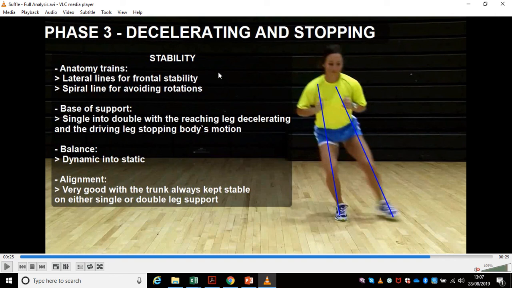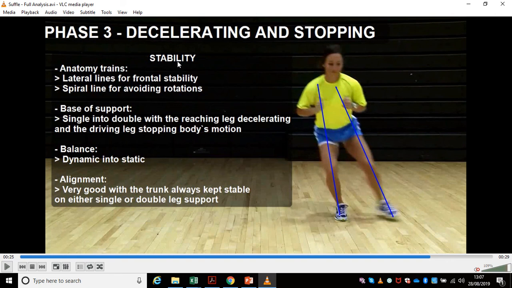So that's why the spiral line is acting here, preventing an over-rotation of the shoulders across the trunk, and as a consequence a rotation of the hips and probably non-functional patterns and movements of the lower limbs.